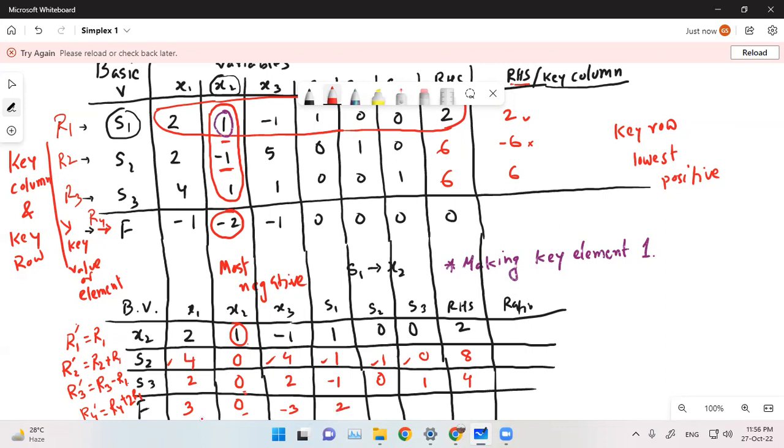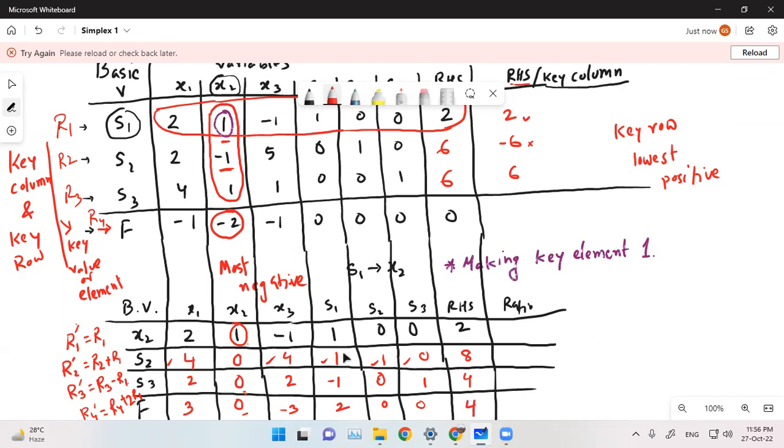Then you have 0, all zeros, 0, 0, and then 4 minus basically R4 plus. So 0 plus 2. 0 plus 2 is into 2, that is 4.